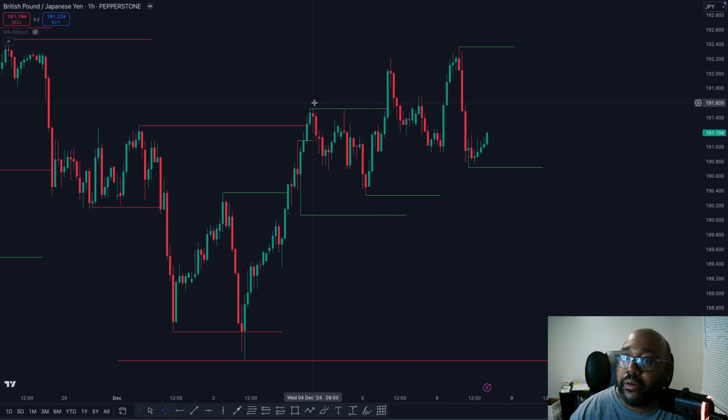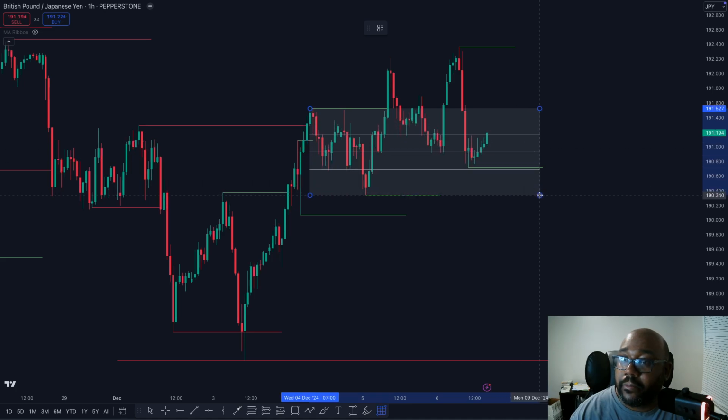Here to here. Here to here. So this swing point is where it's living on the hour, and it's in this swing point or this range.